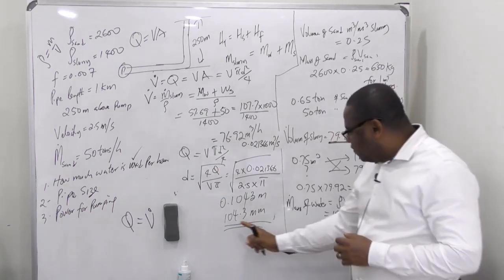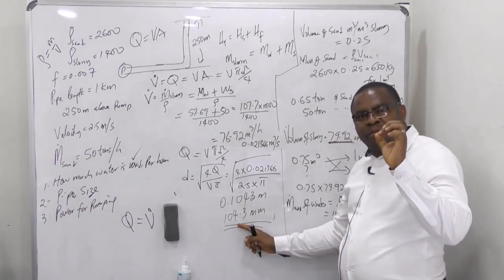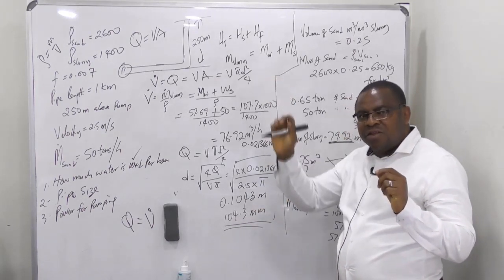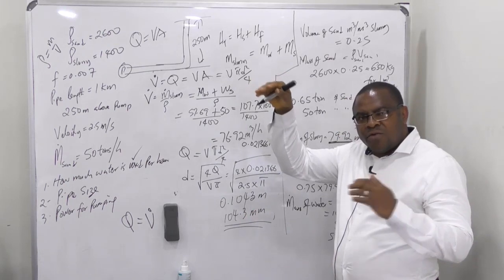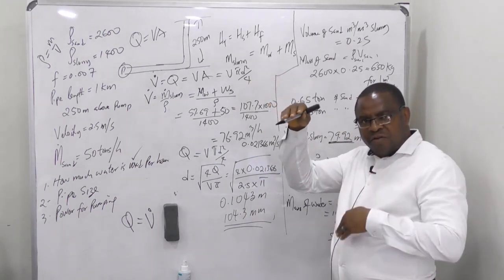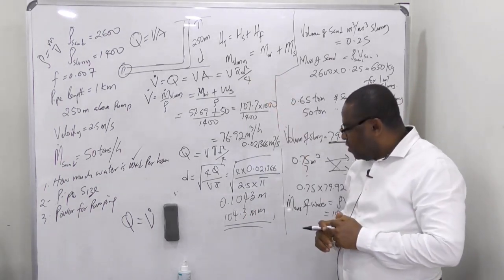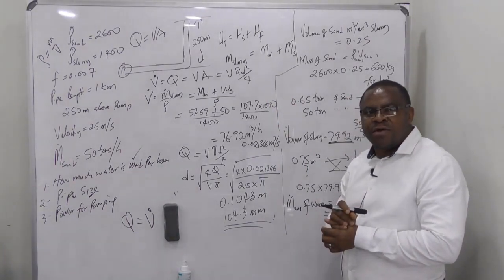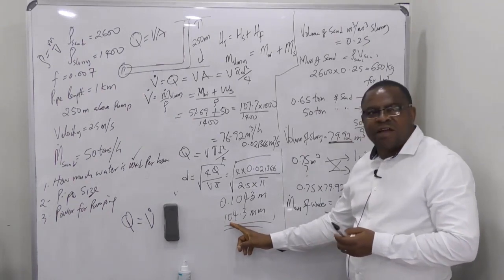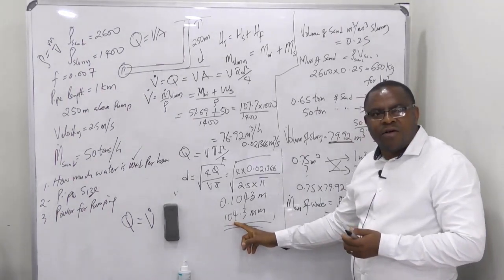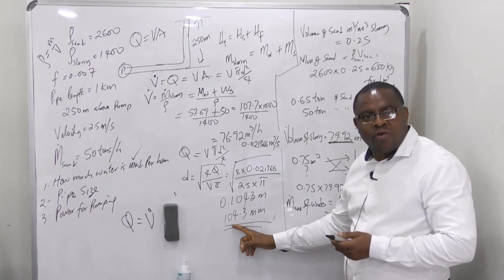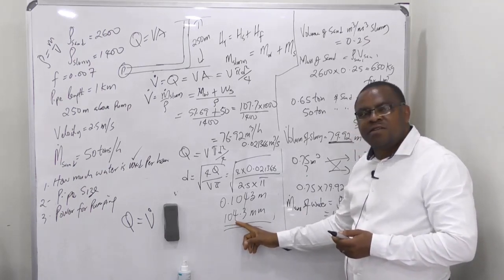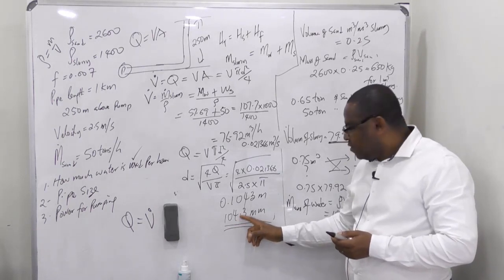So now, for pipe sizing, once you get this, you don't go to the next higher one, you go to the size below. A 5-inch pipe is 125 and the 4-inch is 100. So you go for 100.